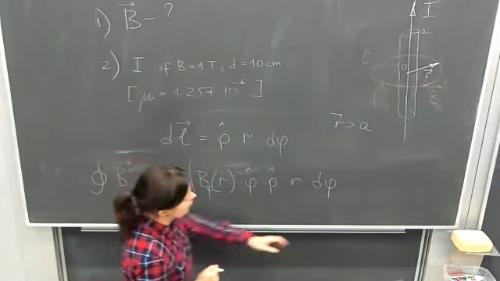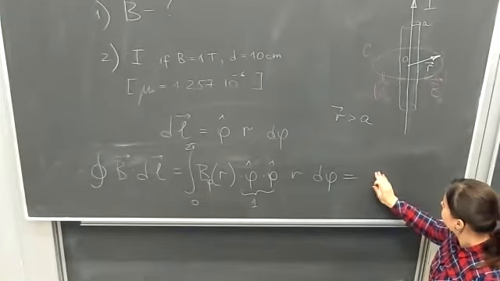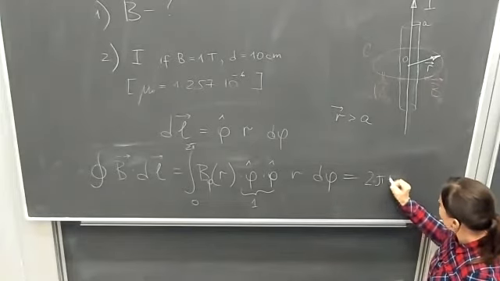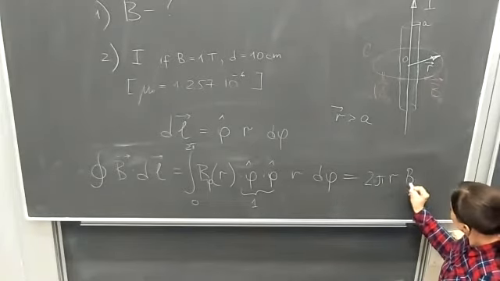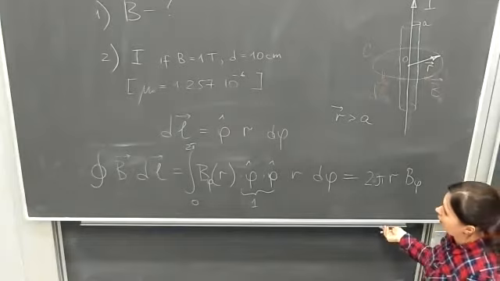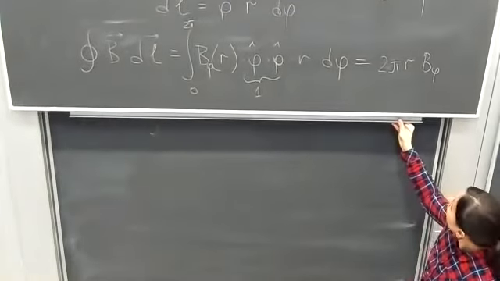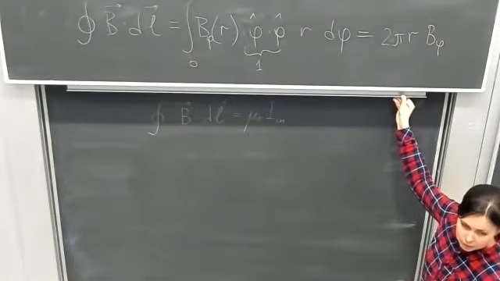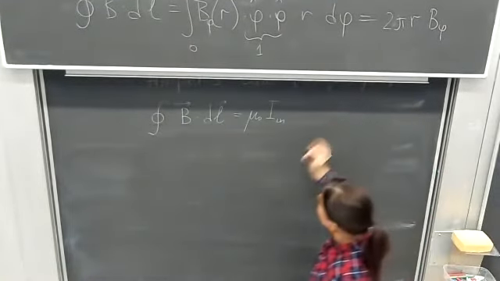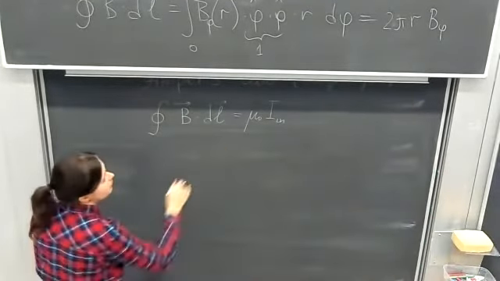Finally, the scalar product of two unit vectors is 1. And then we have 2 pi r times the induction in the phi direction.